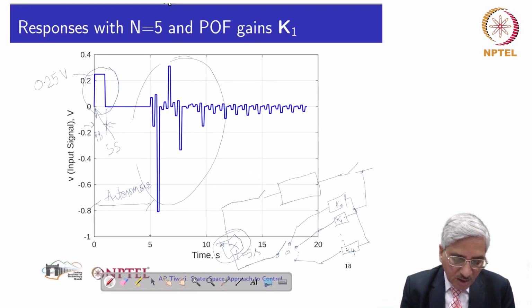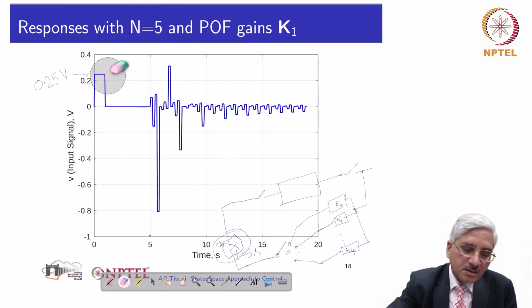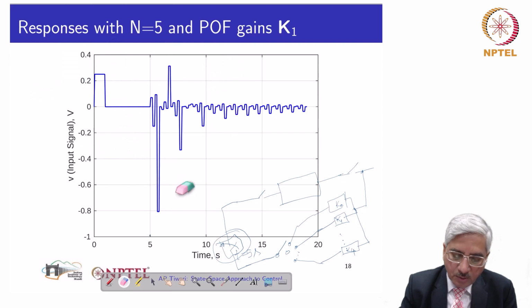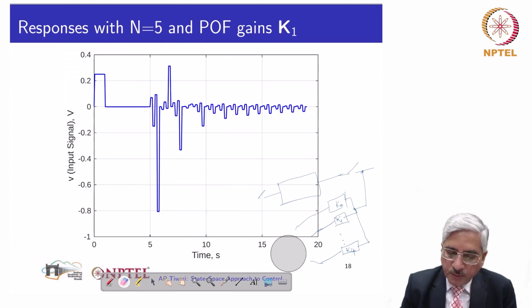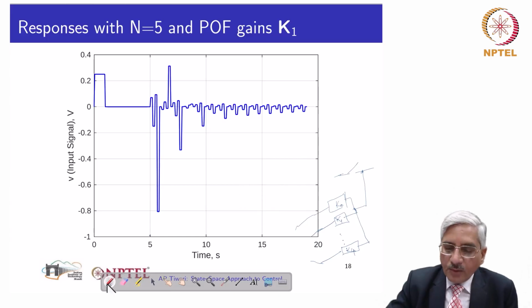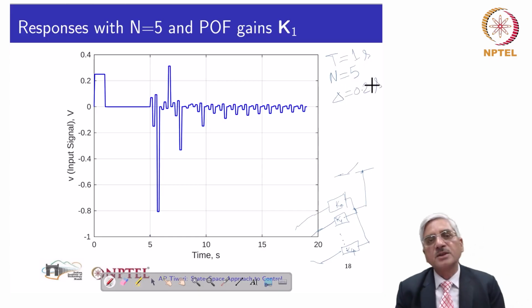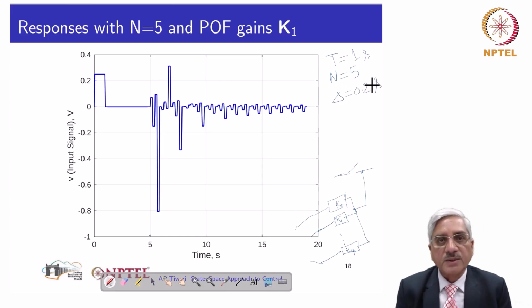Now, just to convey one more point as regards the periodic output feedback control, this zoomed portion I had plotted. So we have for this design n equal to 5, T equal to 1 second, and delta is 0.2 second. Just a recall of values, a few slides earlier they were there.